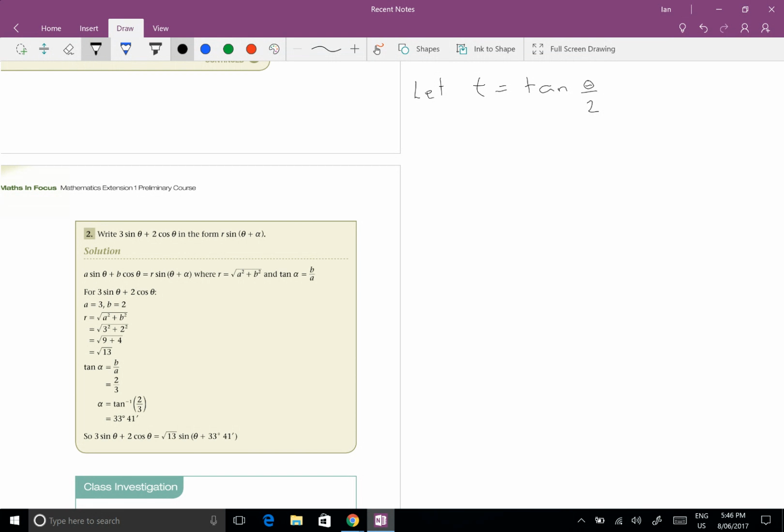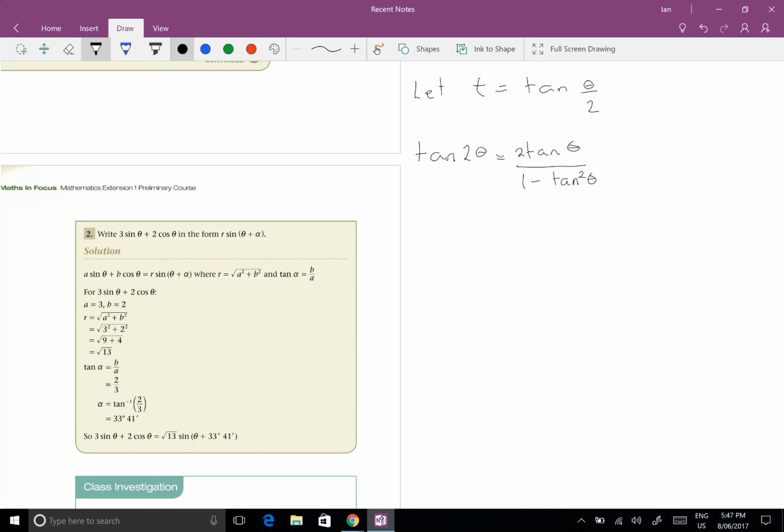So, from one of our early formulas, we can see that tan 2 theta equals 2 tan theta on 1 minus tan squared theta. Well, let's just look at this and go, oh, all right.